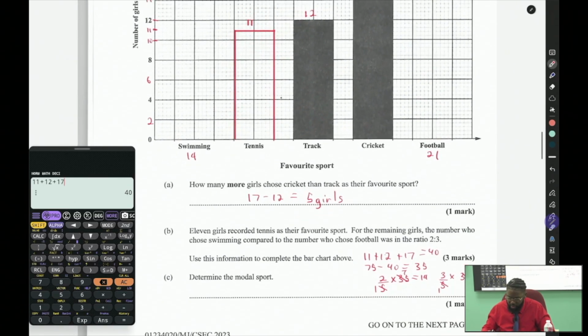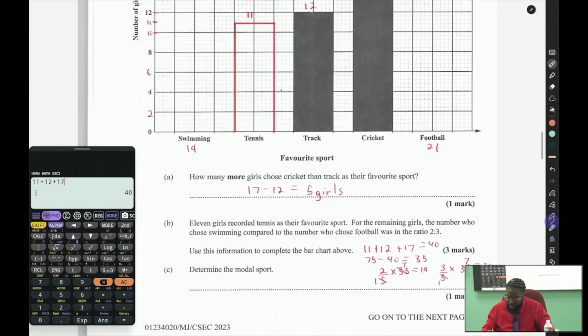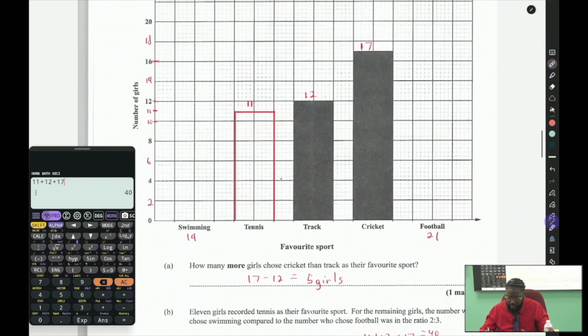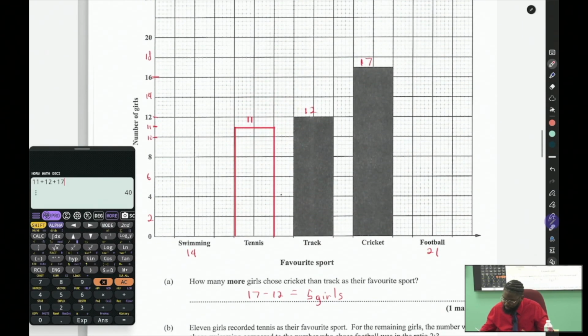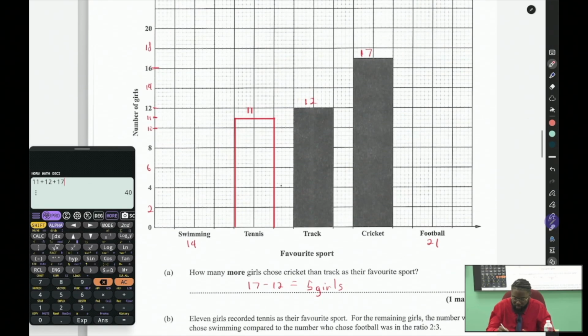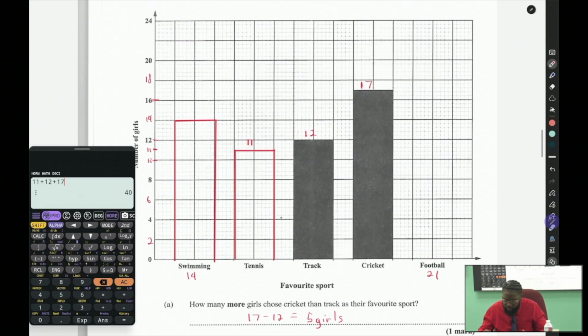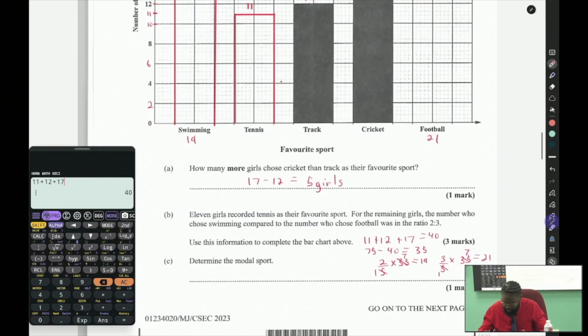So we're almost finished with this part. Let us quickly draw this. That represents our 14 for swimming.